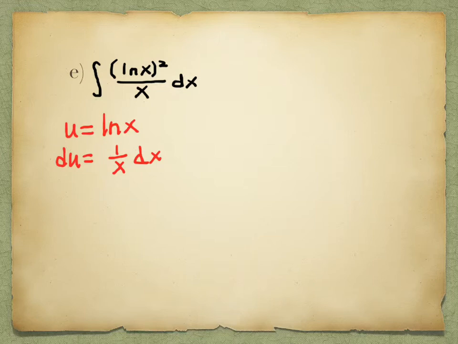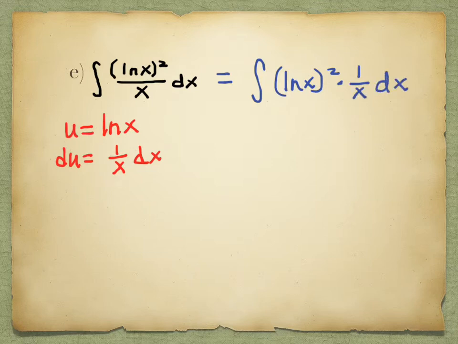That's going to cancel that x in the denominator, isn't it? You can think about this function as being written as the natural log of x squared times 1 over x dx. That's the same thing, isn't it? So this piece here at the end is du.